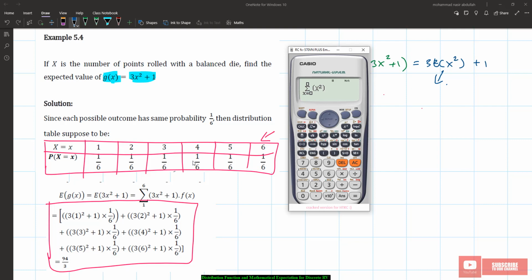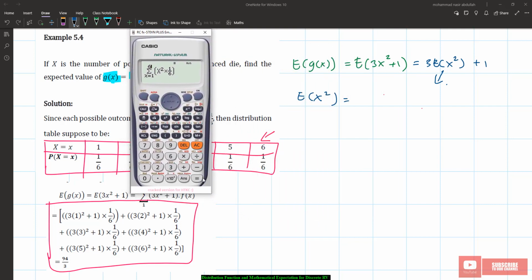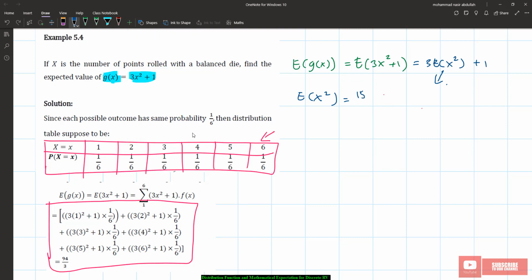Since the values are all equal, you just multiply with 1 over 6. From 1 to 6. Press equals, it should be equal to 15.167.